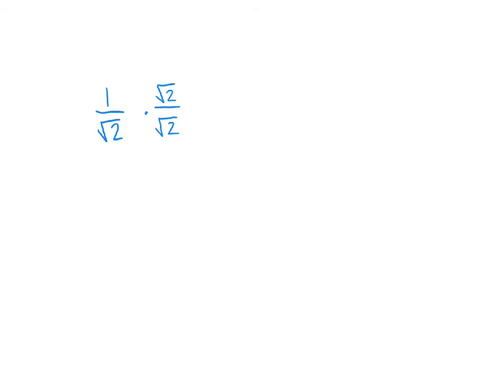And then we simplify. So on the top of our fraction, we're going to have 1 radical 2, or just radical 2. And on the bottom, we have radical 2 times radical 2, which is radical 4. And radical 4 simplifies to be 2. So that is how we rationalize the denominator.